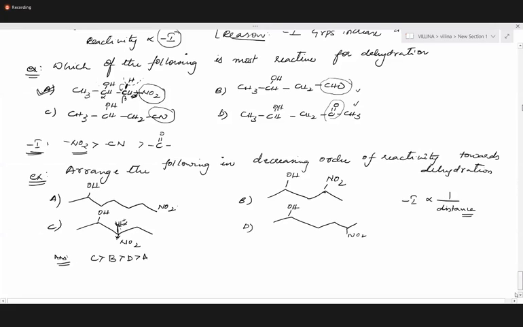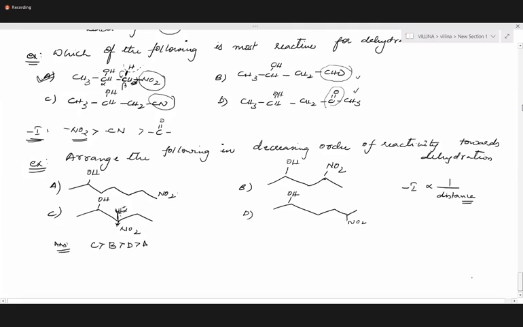And one more point, whenever you have tertiary carbons, one more note point, take it as the fourth note point. Whenever you have tertiary alcohols, they are very highly reactive because they have a more stable carbocation.